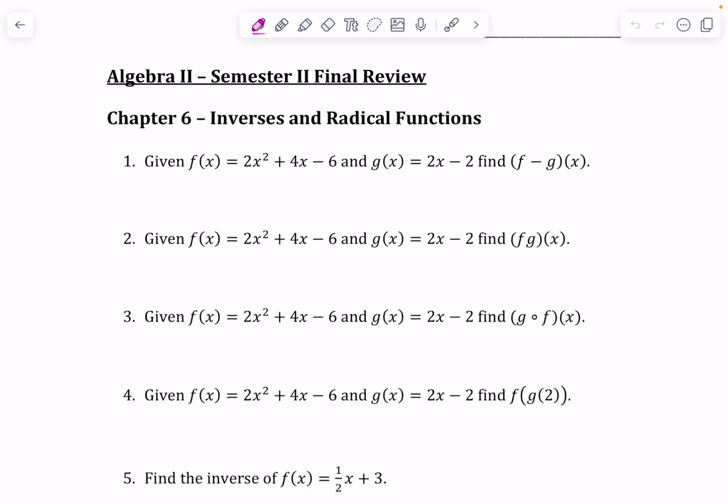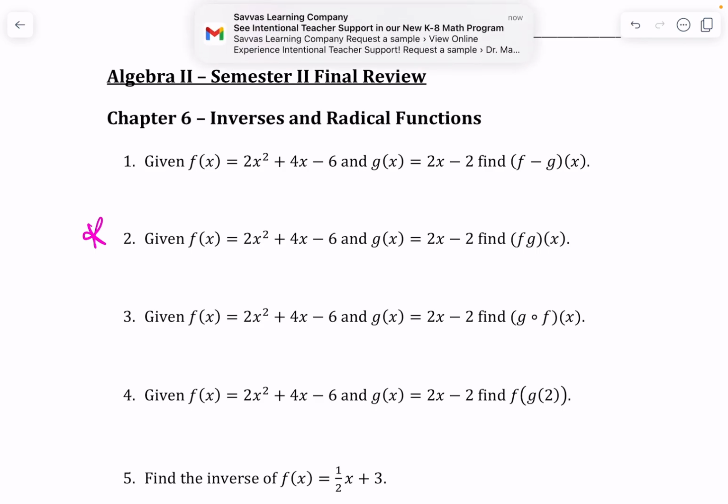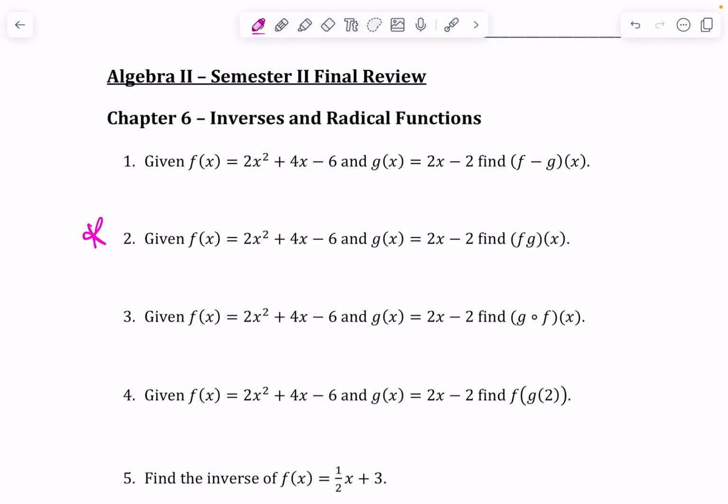If there is something that you do not understand, it would be a really good idea, I know that you can't ask me these questions as you have them in class because I'm not here, but maybe put a star by them, like, hey, I need to put a star by number 2 because I need Mrs. Comer to explain that to me again because I don't understand where she did this step on it. Okay, that's a really, really good idea to do, okay?